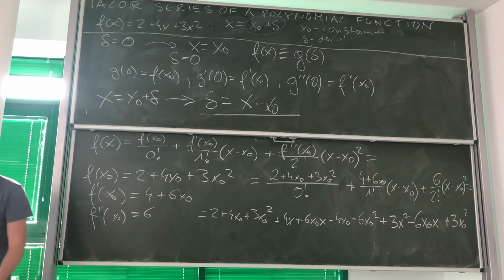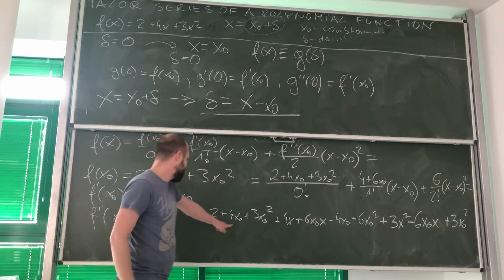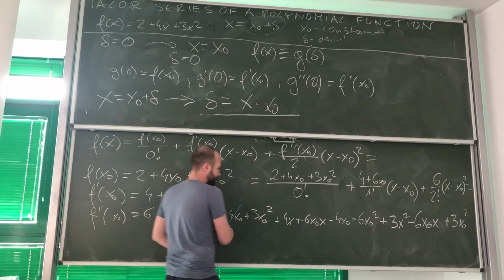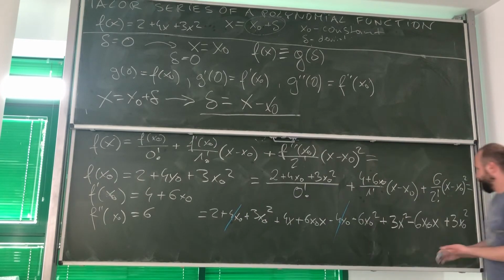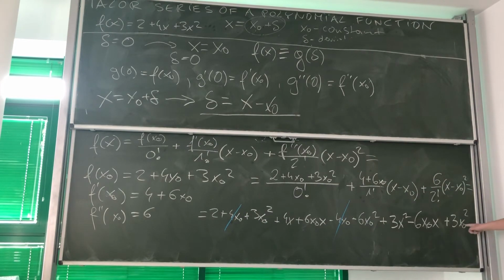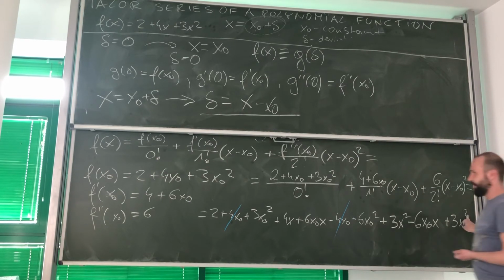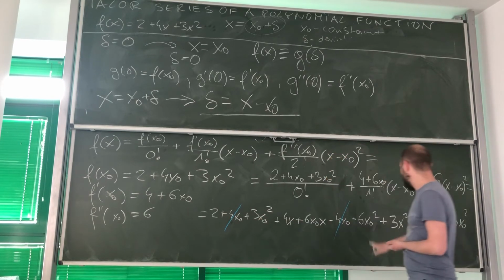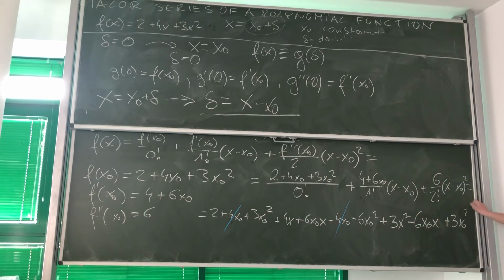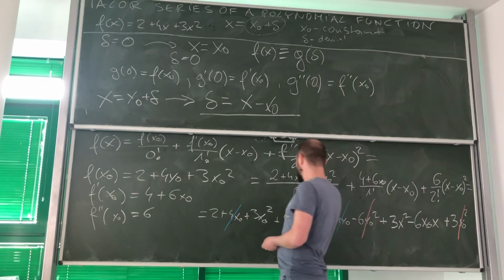Okay, now let's see if this expression will simplify, right? I see 4x0 here with plus, here I see 4x0 with minus. Here I have plus 3x0 squared, and minus 6x0 squared.